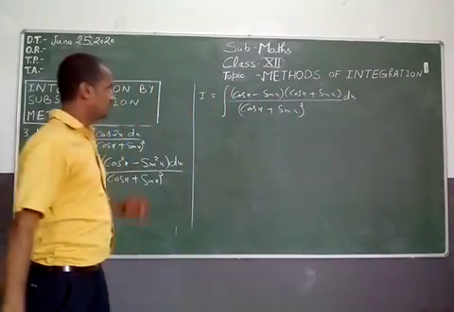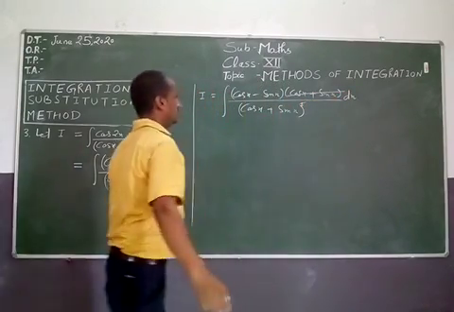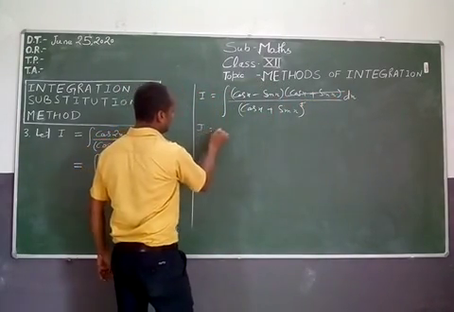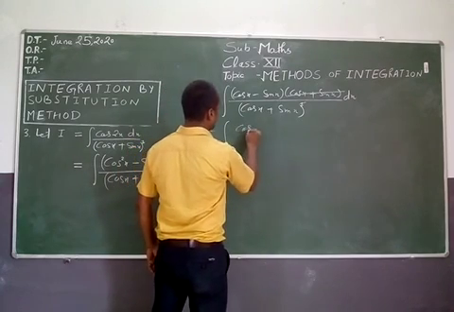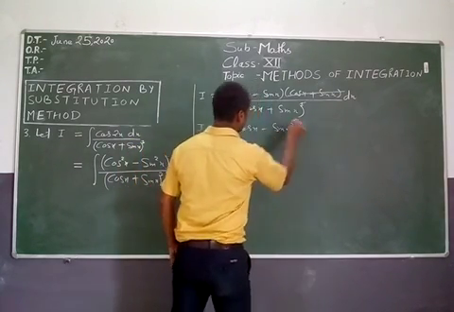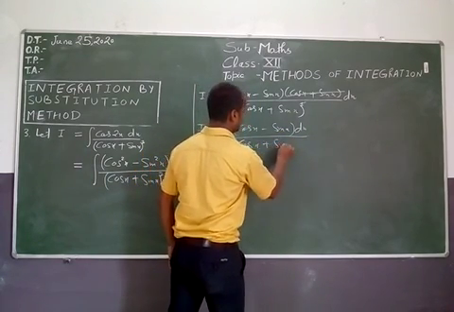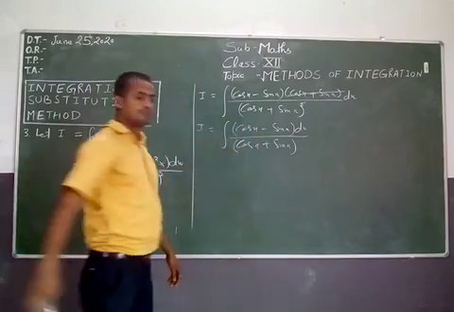We have common factors, so we can delete one factor. Now I equal to, we have cos x minus sin x into dx upon cos x plus sin x.